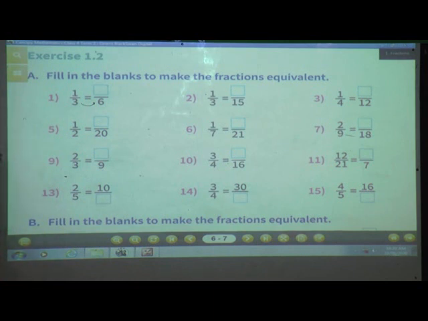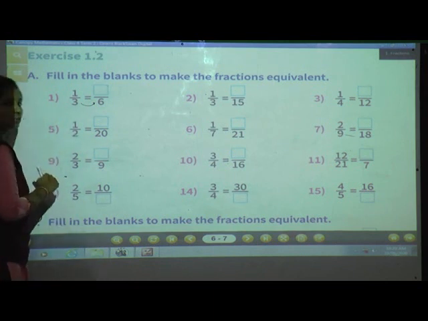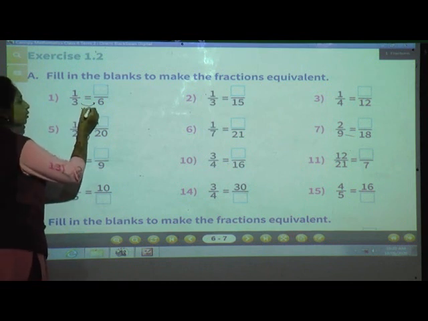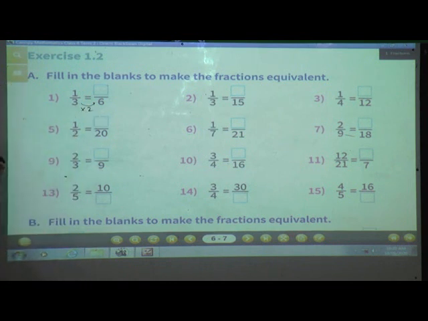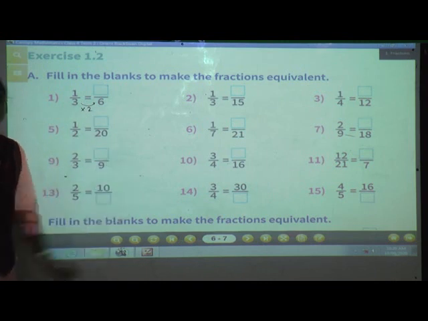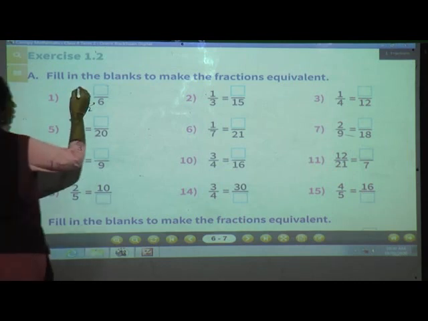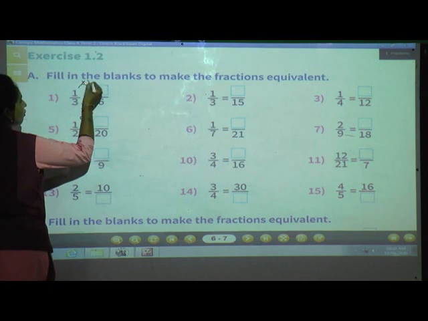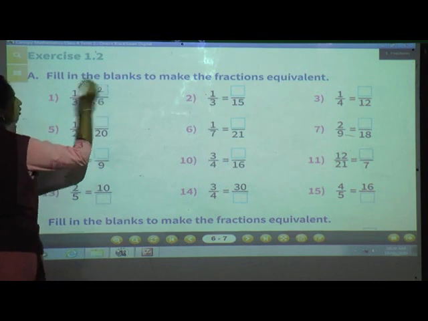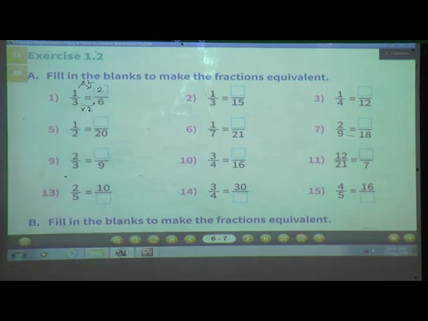Which number, if we multiply with 3, gives 6, students? Tell me. 3 2s are 6, isn't it? What we have studied is that equivalent fractions can be obtained by multiplying the numerator and denominator of the fraction by the same number only. So here also we should go with 2. So 1 2s are 2. Clear? Understood? Yes, very good.